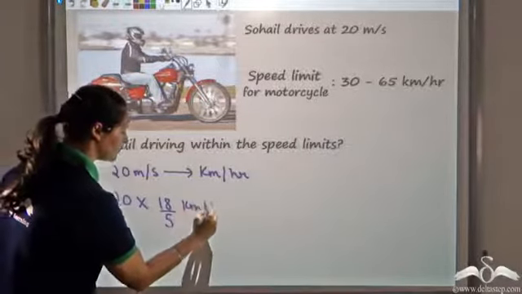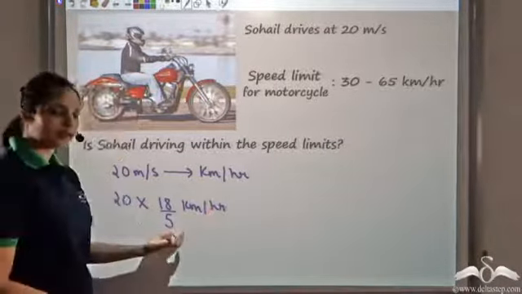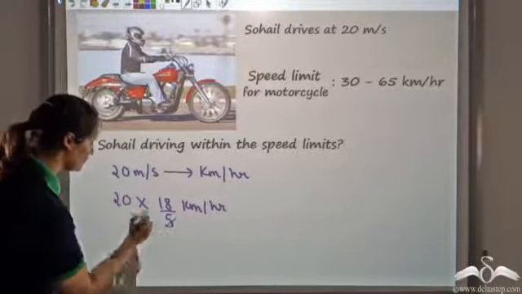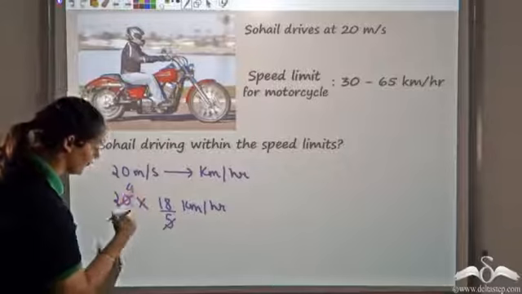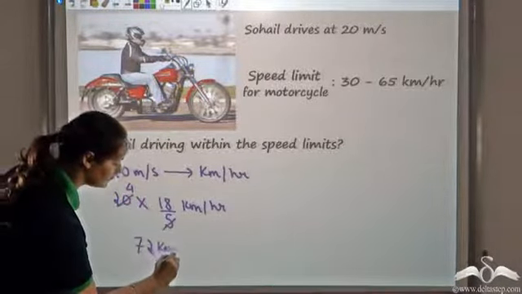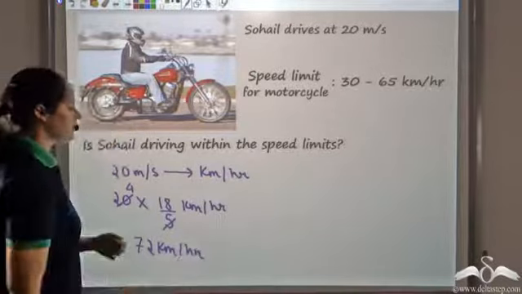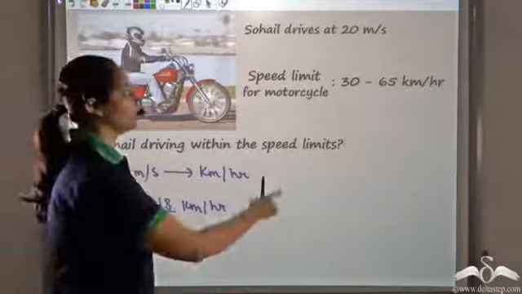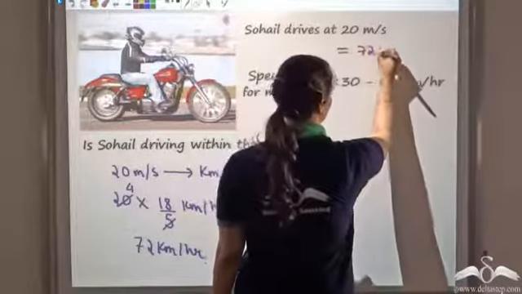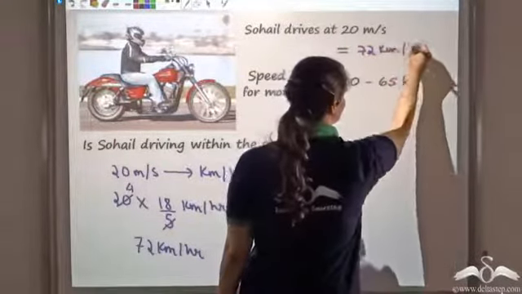So I get kilometers per hour. Now 5 4s are 20, so 18 times 4, which is 72 kilometers per hour. That is, Sohail is driving at 20 meters per second, which is also equal to 72 kilometers per hour.